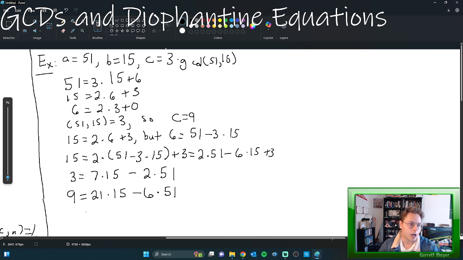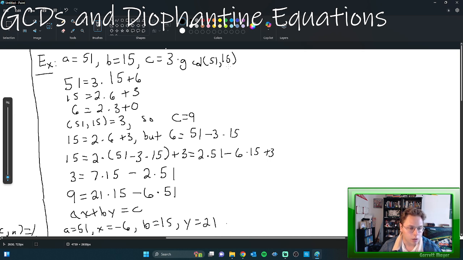If we're going to write this out as ax plus by equals c, remember, a is 51, b is 15, and c is 3 times our GCD. So we have a is 51, x is -6, b is 15, y is 21, and c is 9.